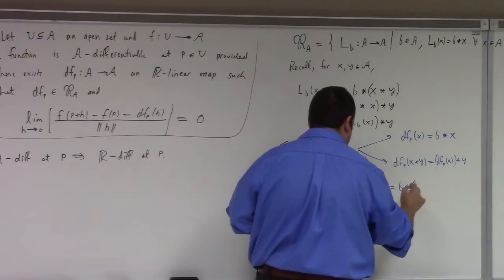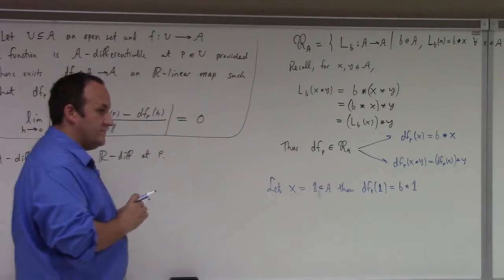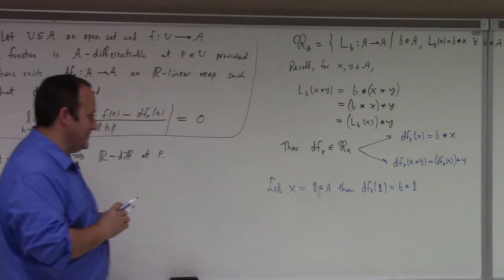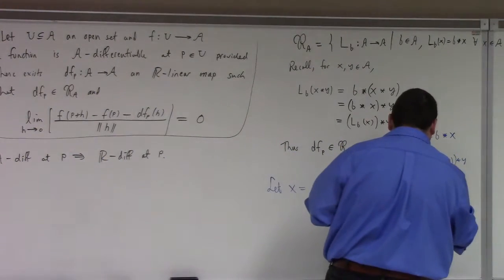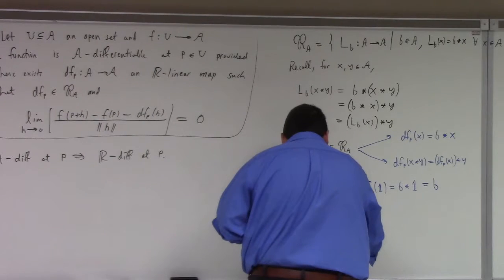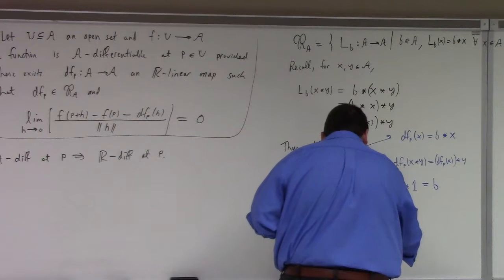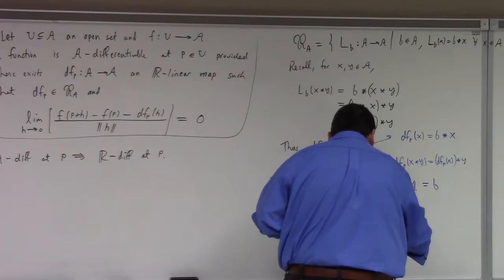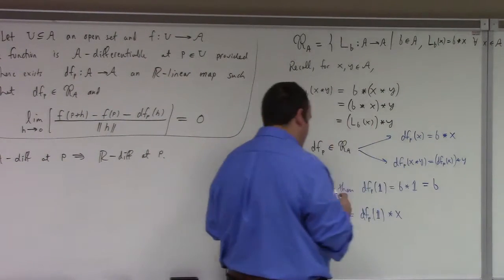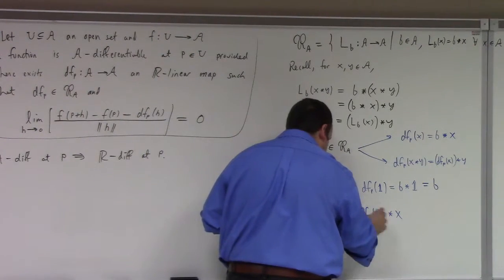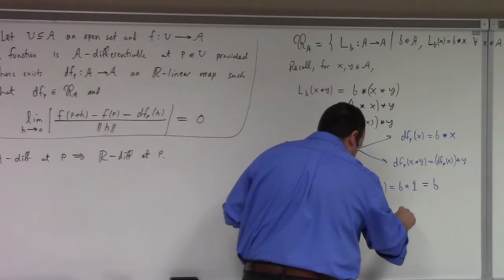What's b times 1? b, right? So what is b actually? We could write this: dfp of x is in fact dfp of whatever it does to the identity, times x. Or if you like, I'll write that with a z just so you can see it better.